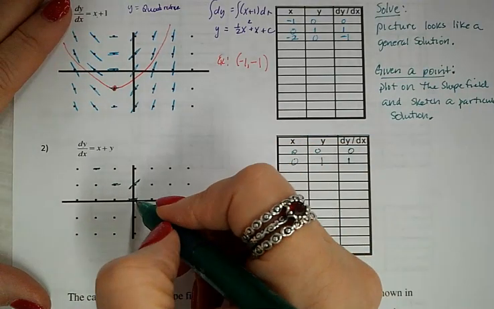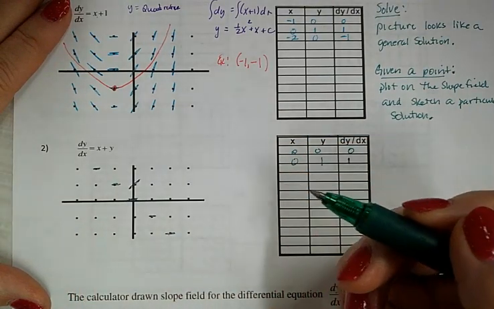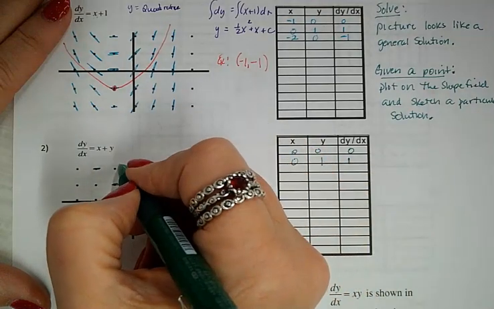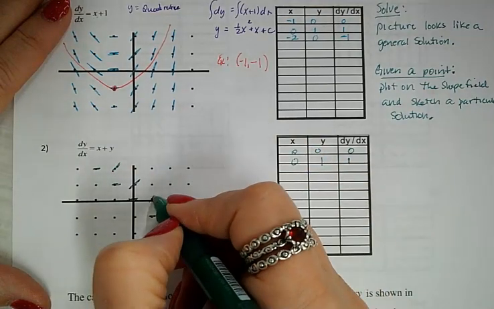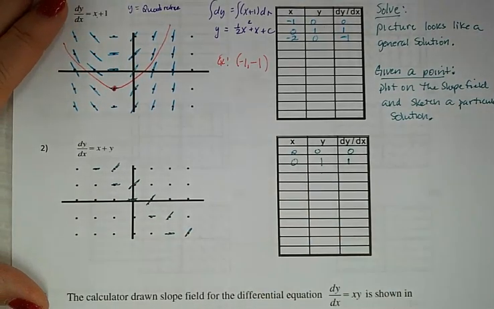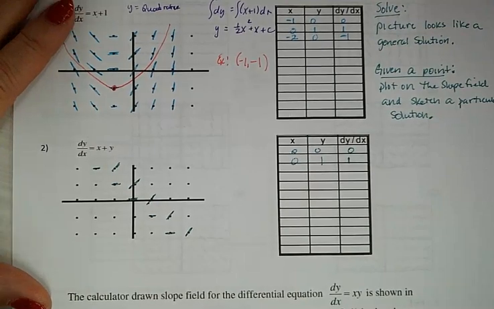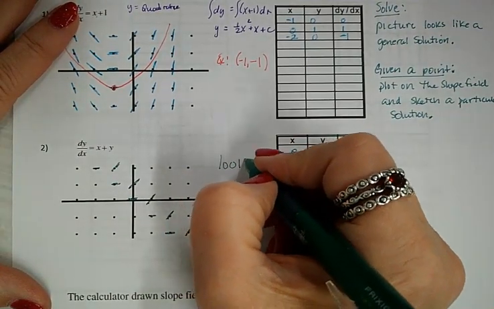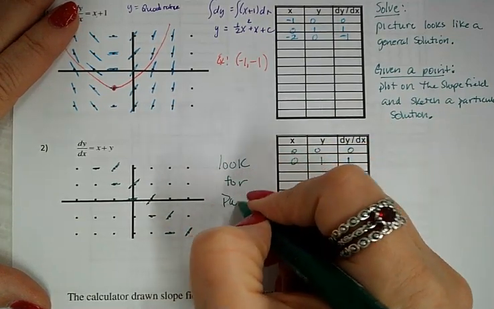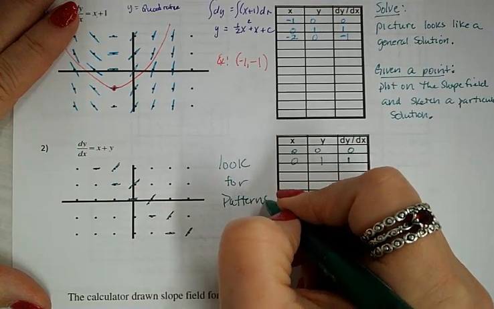Well, if we went over 1 but down to our point right here, we can follow that pattern down, down, and down. We definitely want to look for patterns if we have a very big field, because there are probably some patterns that are going to repeat, and that's going to help us.